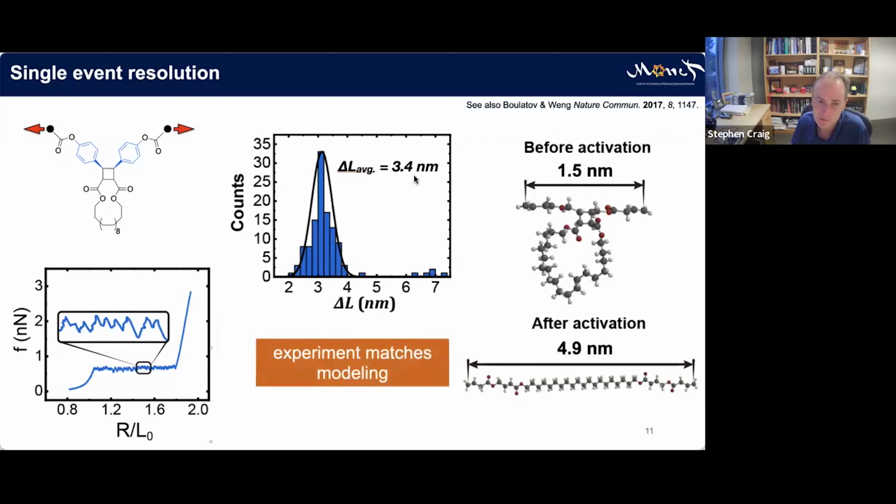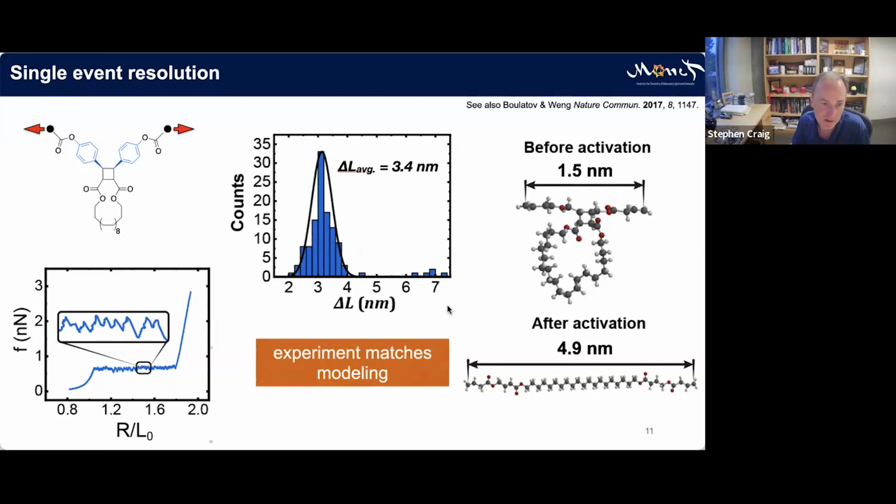And that 3.4 nanometers matches with almost embarrassing precision what molecular models tell you should be the gain in extension for each individual cyclobutane ring opening reaction. So we feel very, very confident in this data.